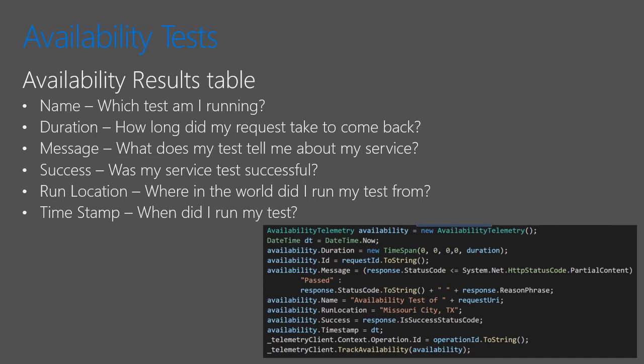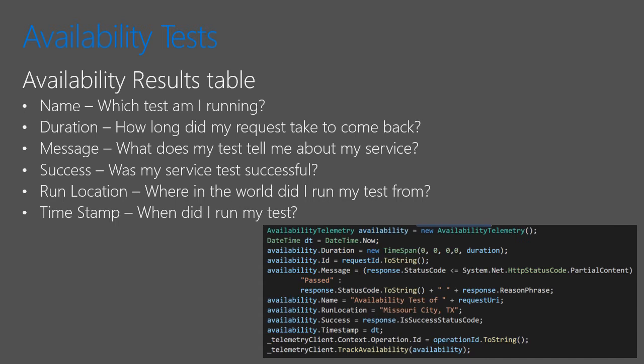The name of the test is key. That's going to tell us, of course, which test we're running. And once we start dispersing our tests globally, the name is what will group those tests together as a singular area of concern, if you will. So if we're looking at Microsoft services like Dynamics 365 availability testing, we may want to test a particular environment from across different data centers across the globe.